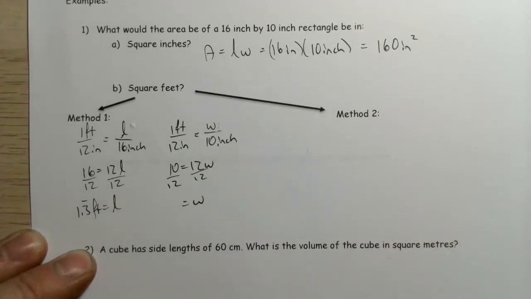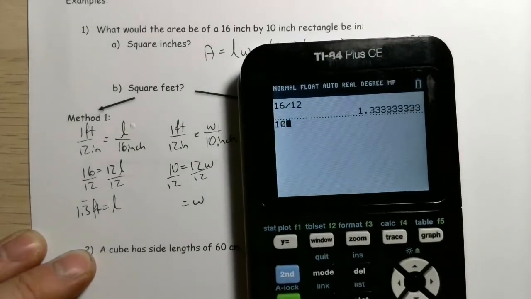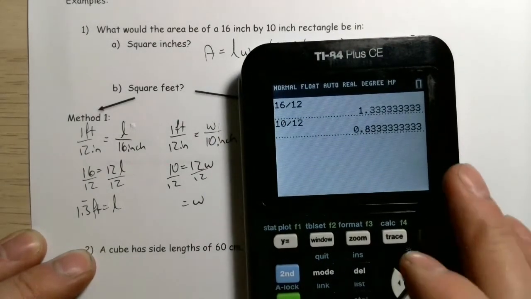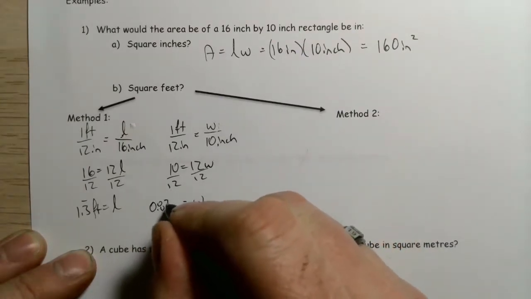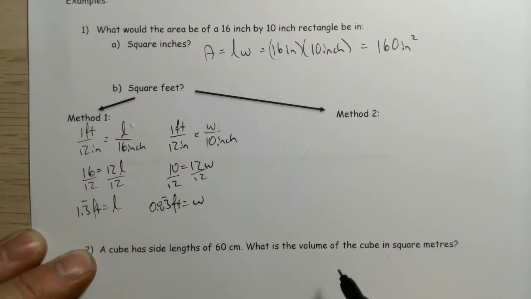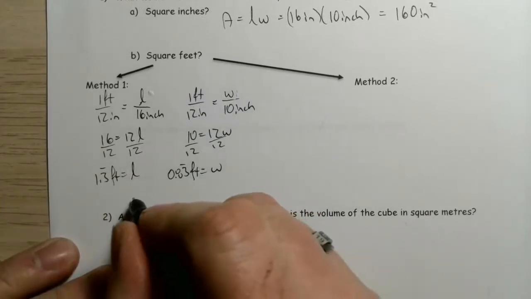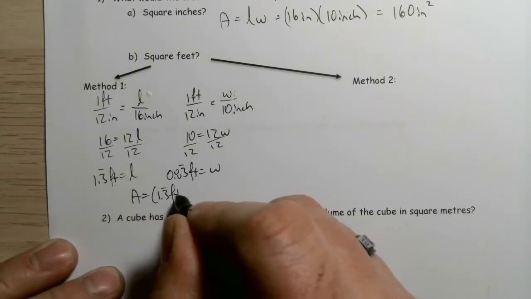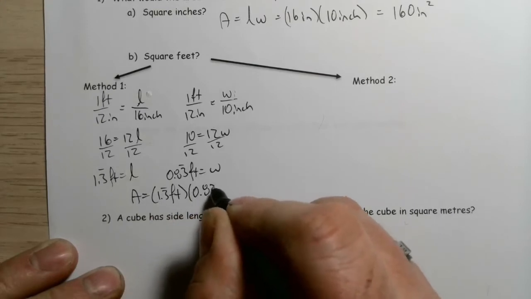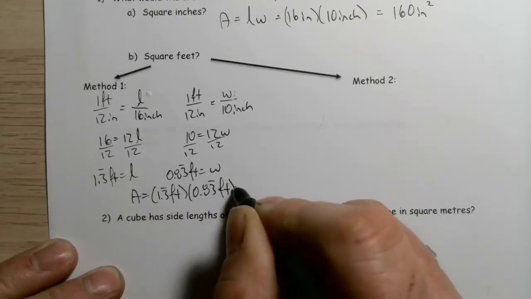So my width here is going to be 10 divided by 12, and I get 0.83 repeating feet.